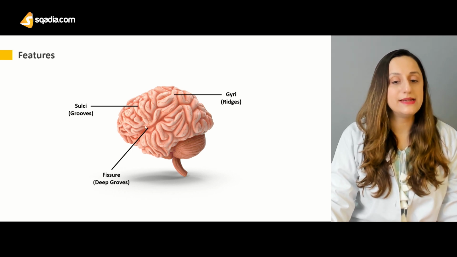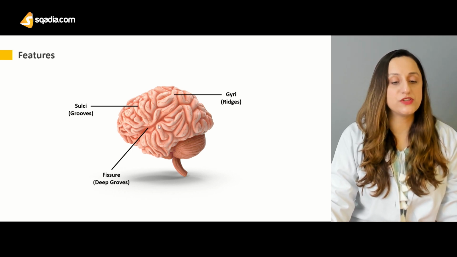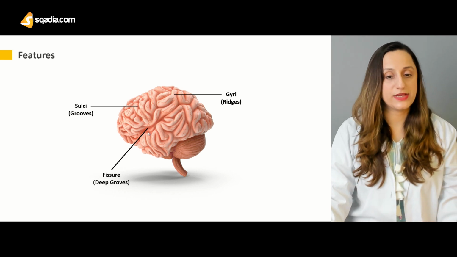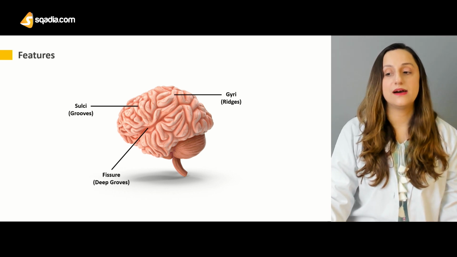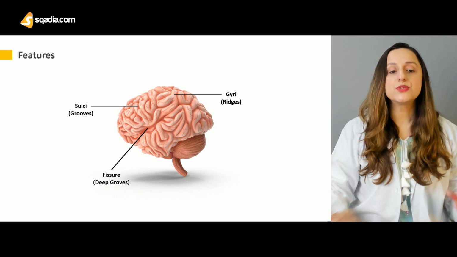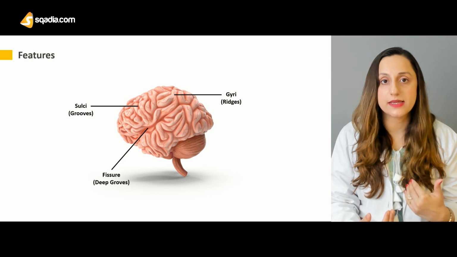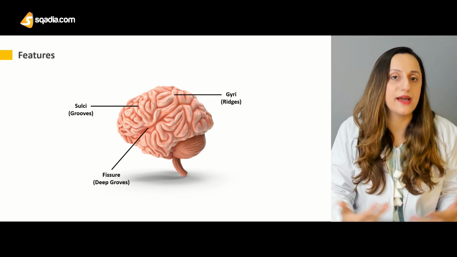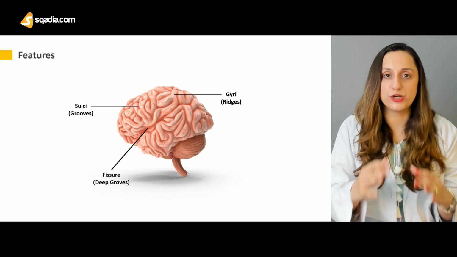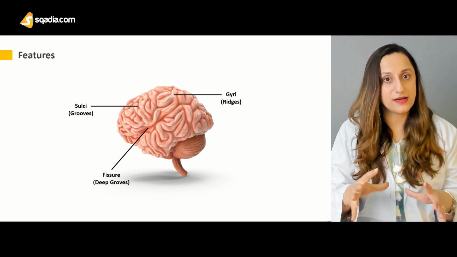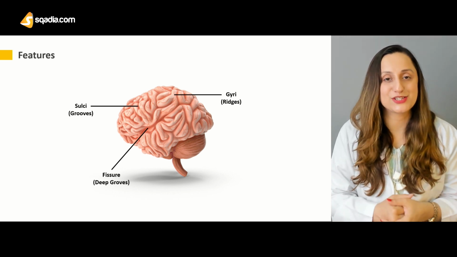So there is this deep groove or deep fissure present, and this is known as the lateral fissure. All of these terminologies will be used again and again, and we'll be referring to the gyri and sulci. So you should be well versed with this before we start off with a deeper discussion of neuroanatomy.